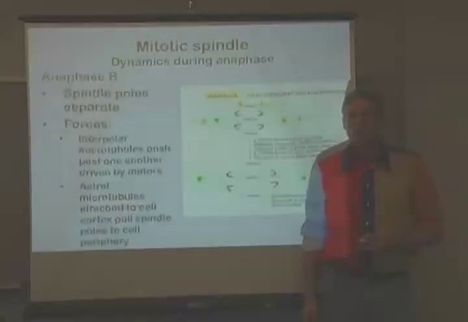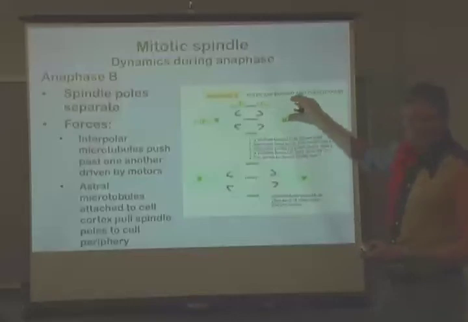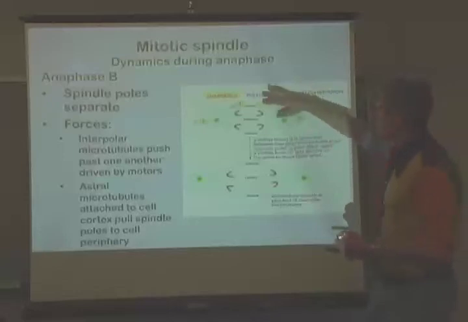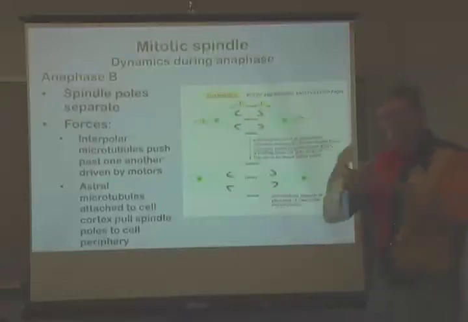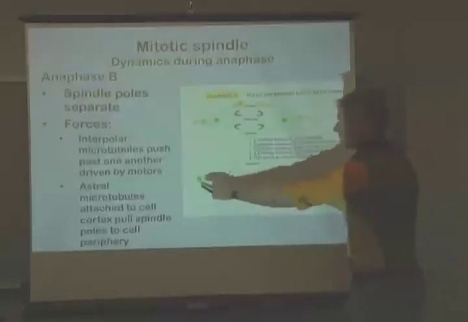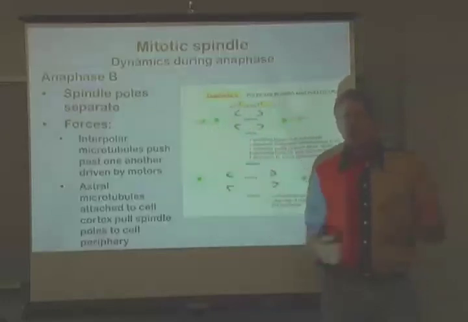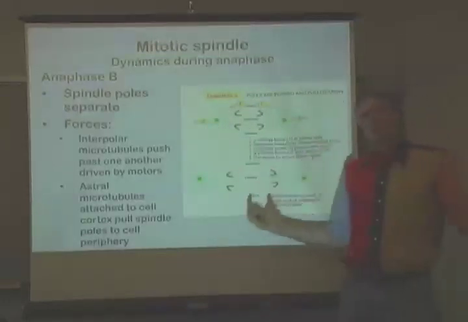That's the first stage. The second stage involves some of these other microtubules. The microtubules that are attached to the cell cortex start pulling away, and the microtubules that are interacting with each other, the interpolar ones, start pushing each other. So the net result is the two asters are being pushed and pulled away from each other, making two cells.